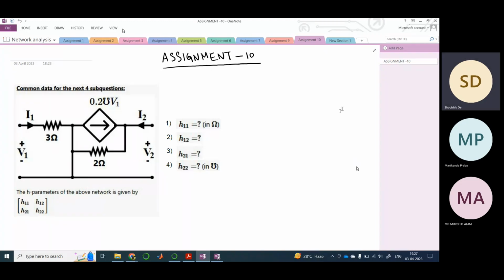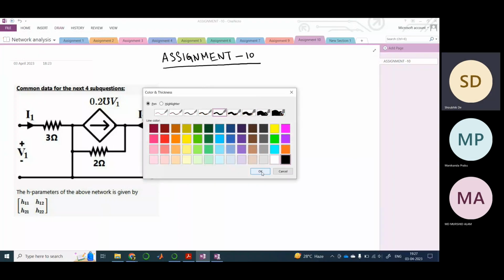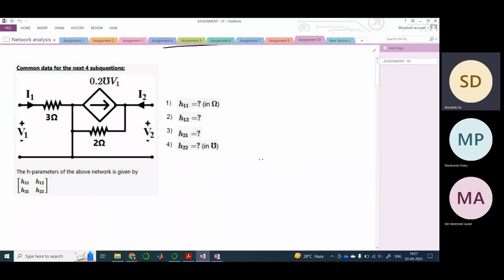Okay. So now we will be going into the problems, and these are pretty simple as well as interesting problems also. So just change the ink to black. So here this circuit is given, and we have to determine what are the h parameters, right? So we just saw this matrix and the h parameter, what are the equations.